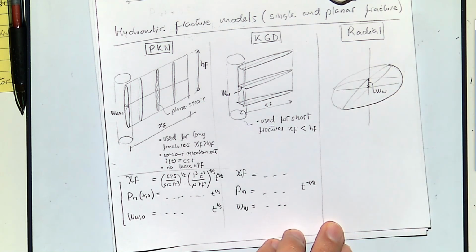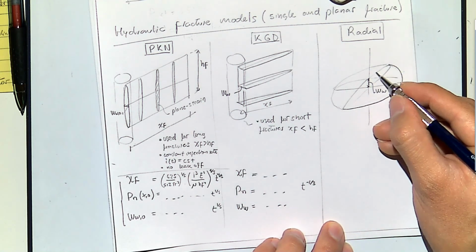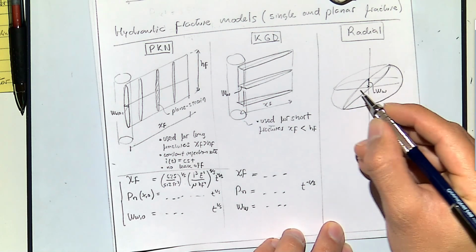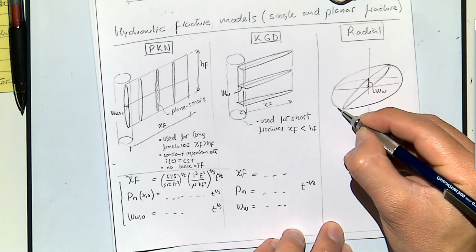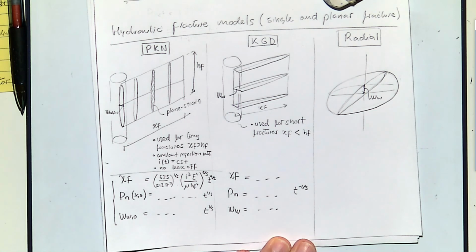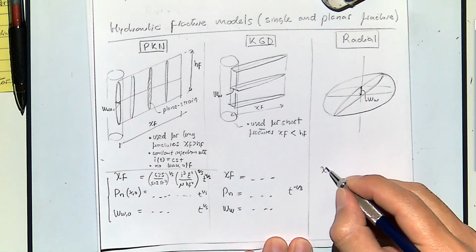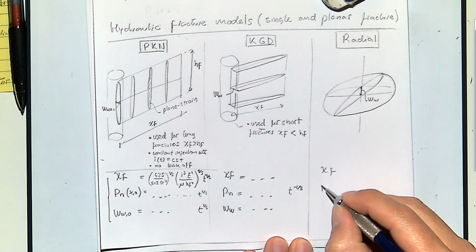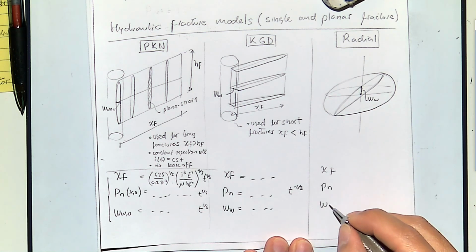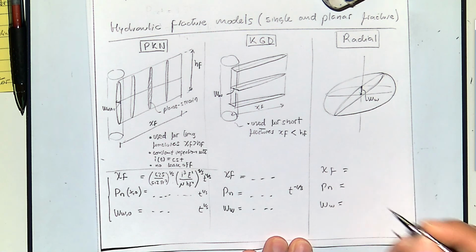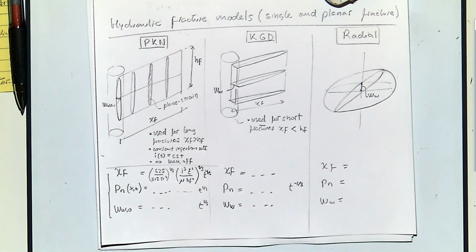Or the width of the wellbore is going to be the width of the center. And again, you assume the geometry, you solve the equations for fluid flow within a fracture, and again, you can predict all of these values.